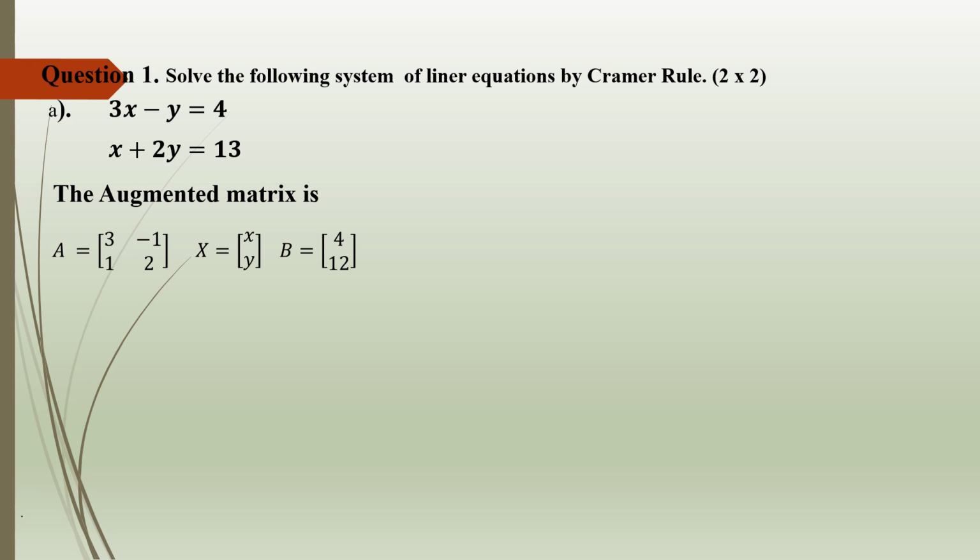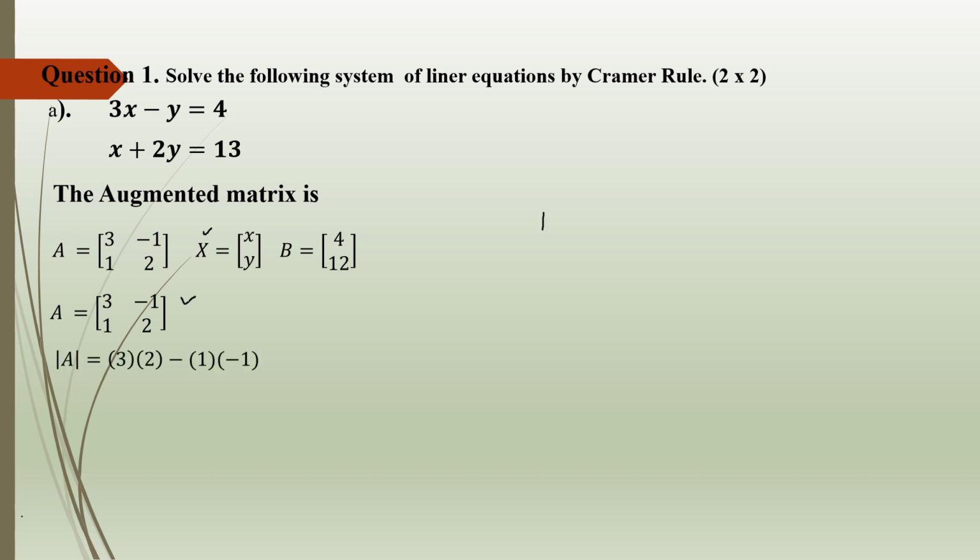Here xy will be represented by a capital X, and the right side, the constant terms, will be represented by matrix B. Now again I wrote down this matrix 3, minus 1, 1 and 2, and then we will find the determinant of matrix A.